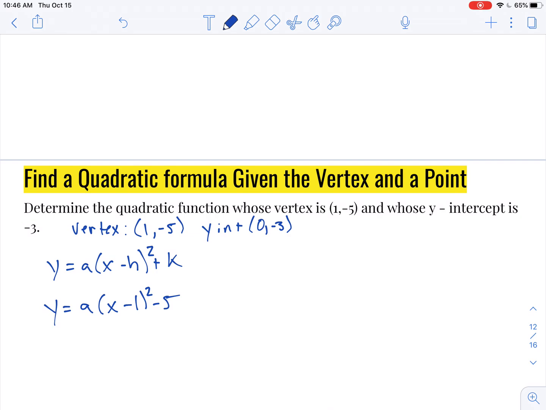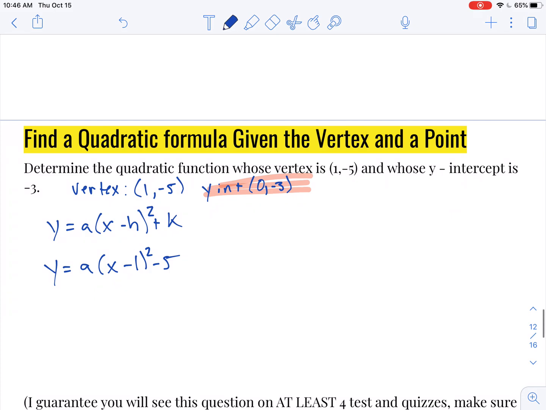I need to solve for the stretch factor. Well, how do I do this? Oh, well, I've got an xy value here, and I've got another point right here. So I'm going to plug in -3 is equal to a times (0 minus 1) squared minus 5.